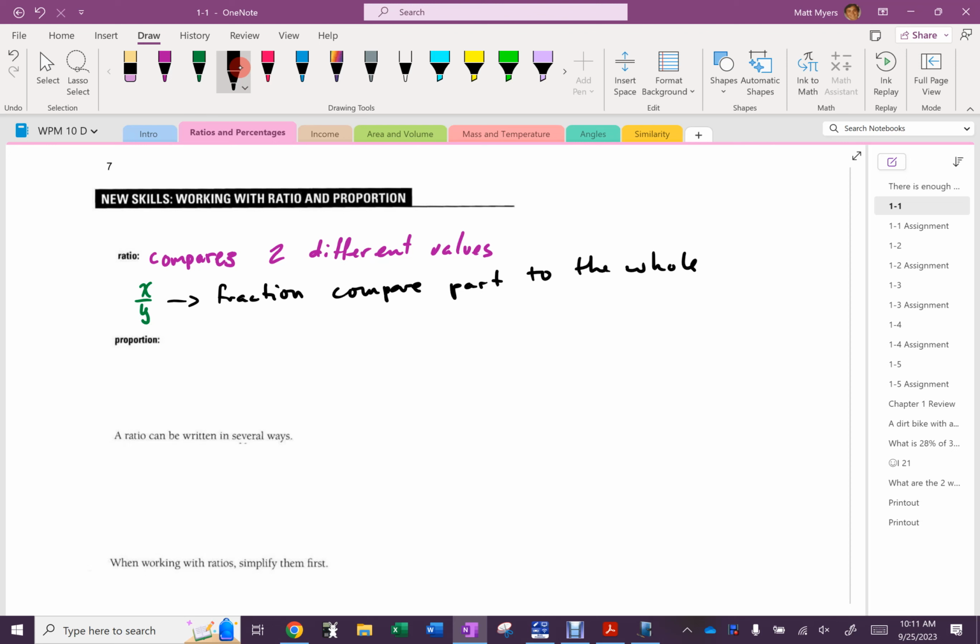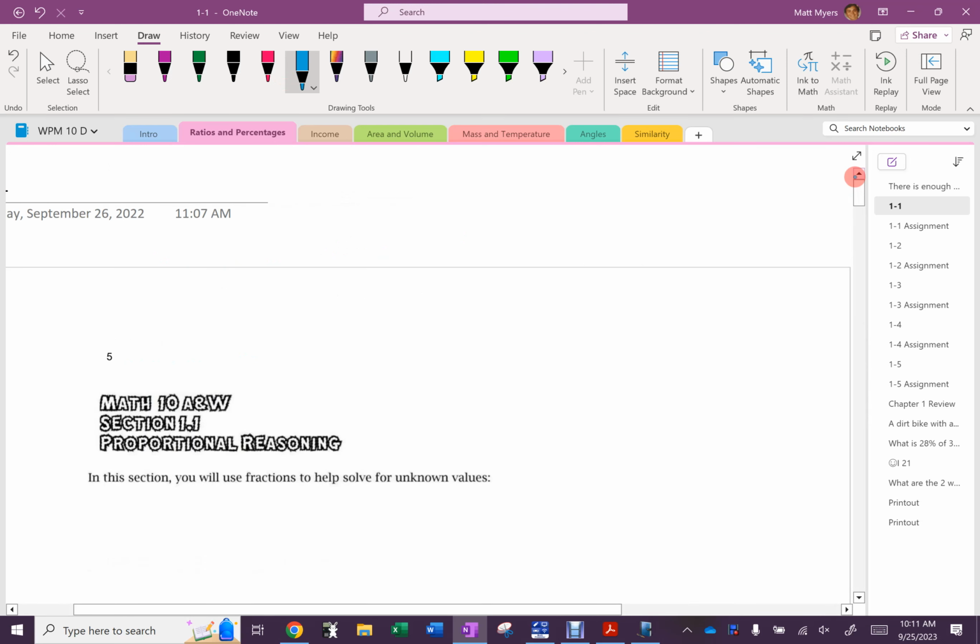Yeah? Okay. And what does a proportion compare? Do we remember? It compares two things. Okay. This whole section is called proportional reasoning.